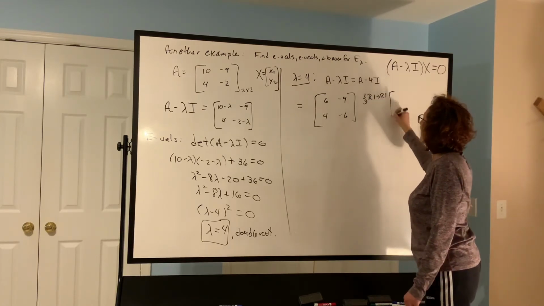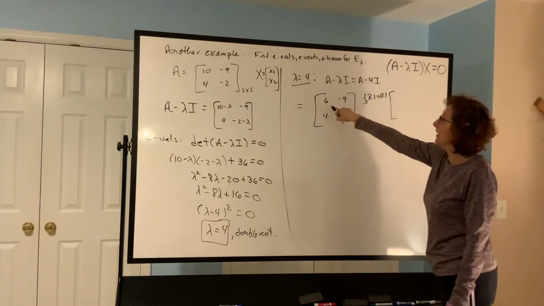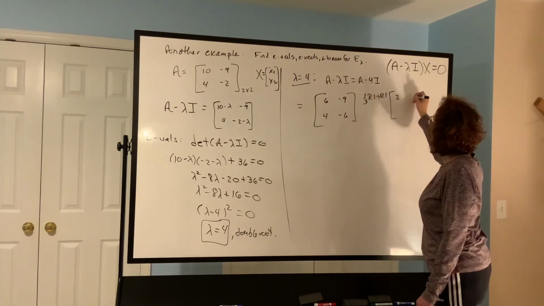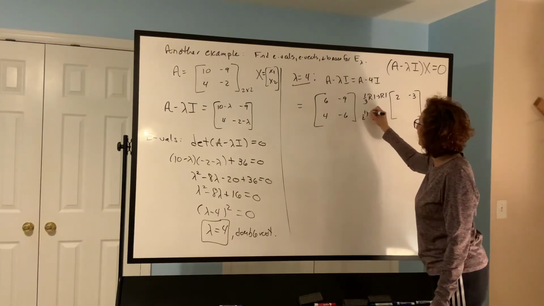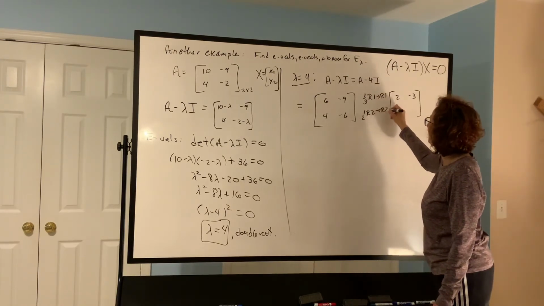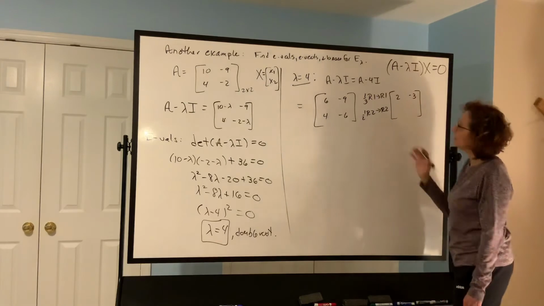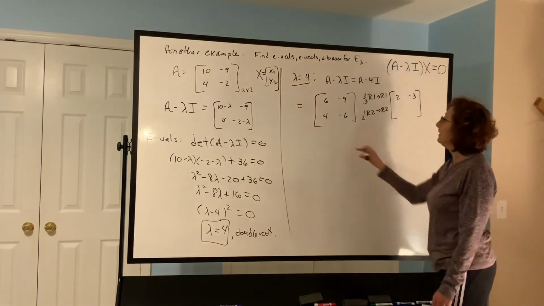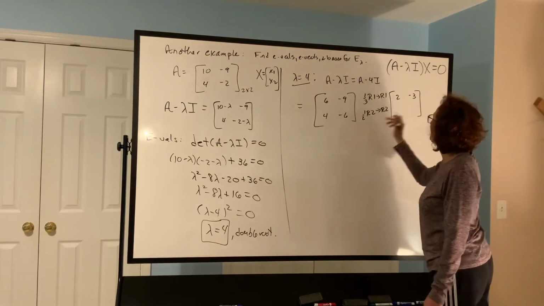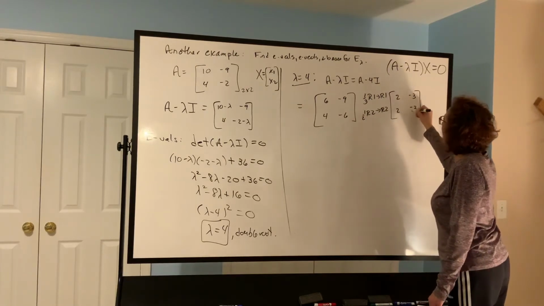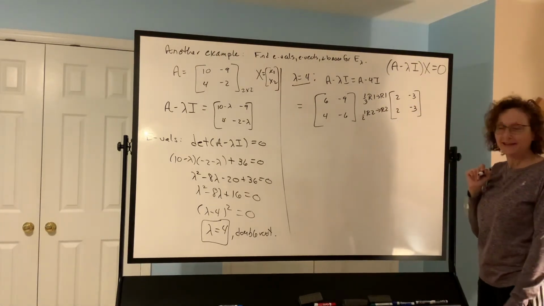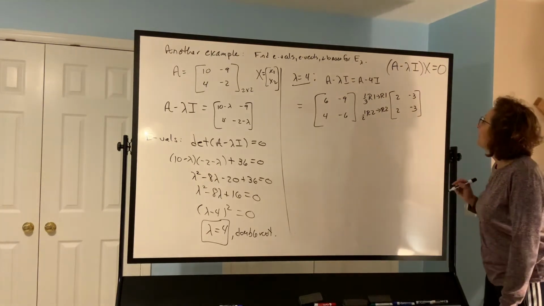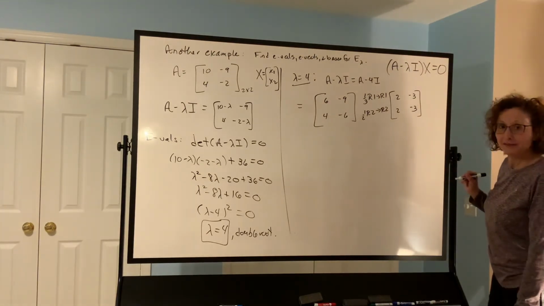If I divide by 3, I've got 2 and negative 3. Then I can do 1/2 R2 as my new R2, just to simplify the numbers. And then what do I get? Lo and behold, 2, negative 3. Wait, what happened? Okay, all good here?